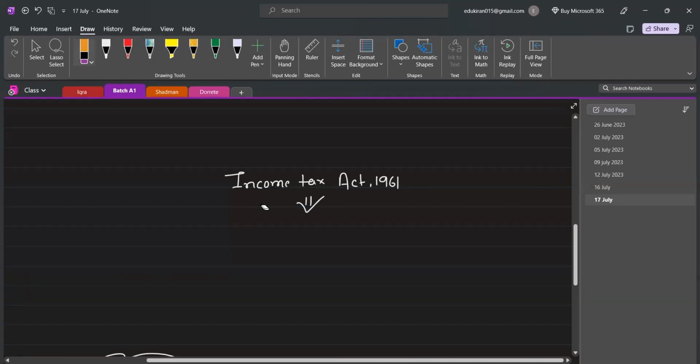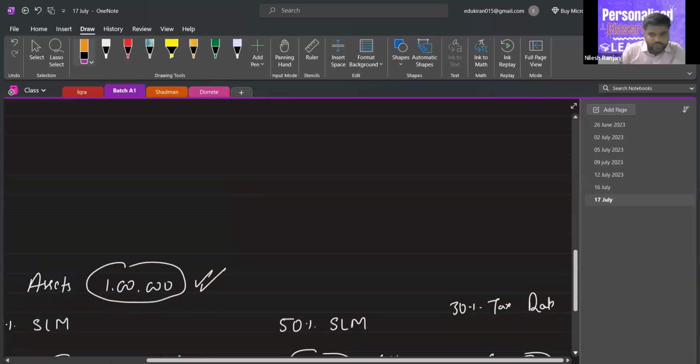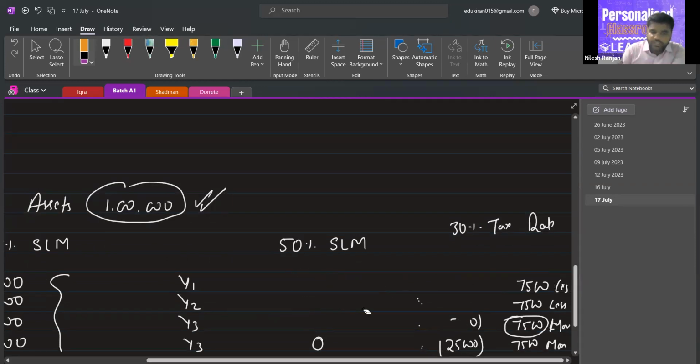I only know provision for bad debts, but I don't think that's a long-term provision. Okay, provision for bad debts. Yes, sir. Provision for doubtful debts, you are saying.